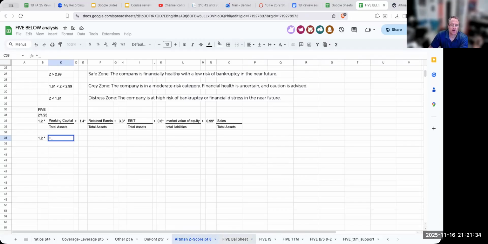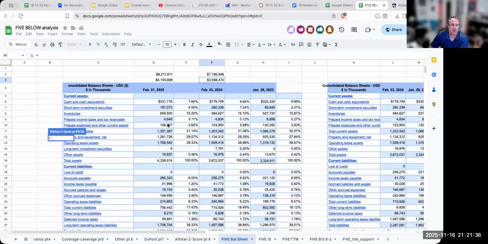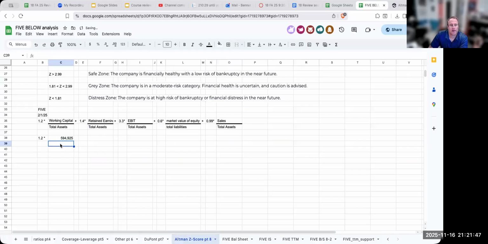Let's take a look at the working capital. It's going to be my current assets minus my current liabilities, and I'm dividing this by my total assets.